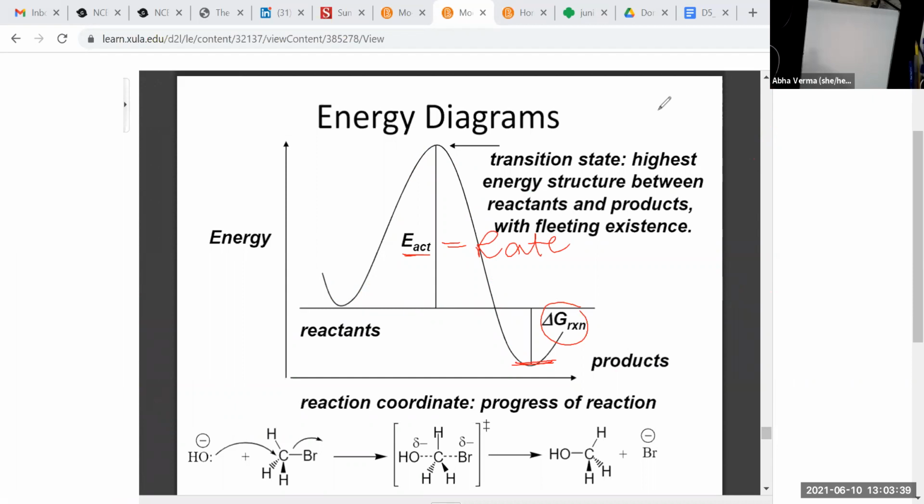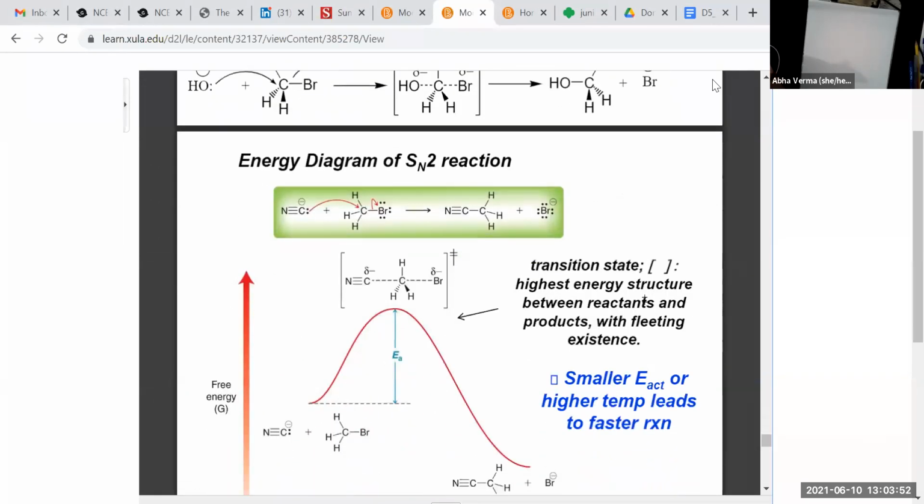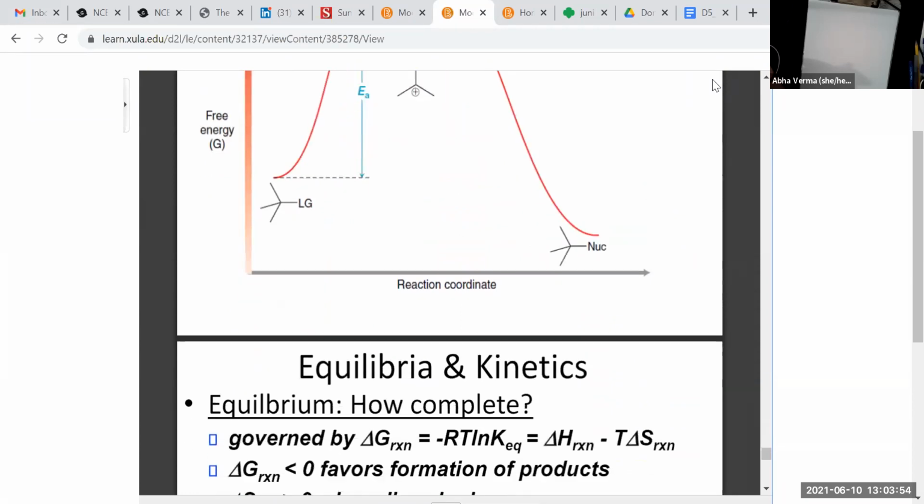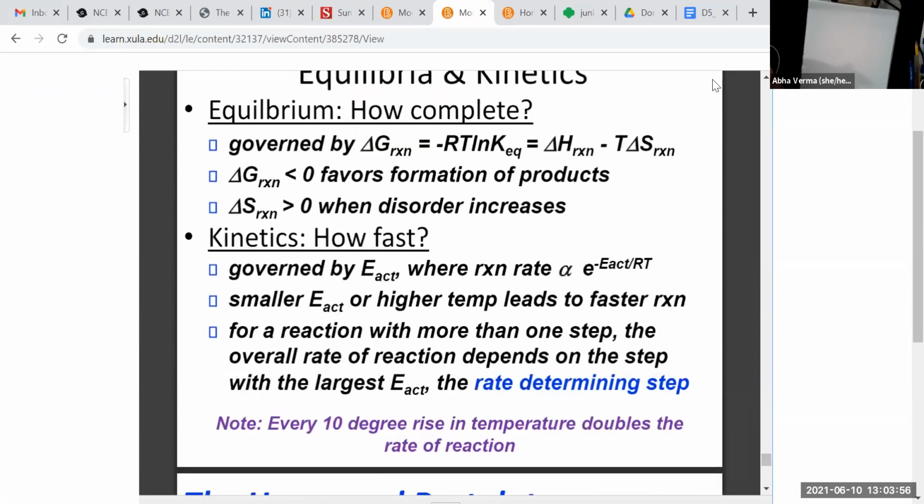Now during this, we will also look at delta H, and delta H is something that your Gibbs energy is dependent upon. We will not be looking at much of your physical chemistry part. We will just overlook it and I will try to explain what the important parts are.